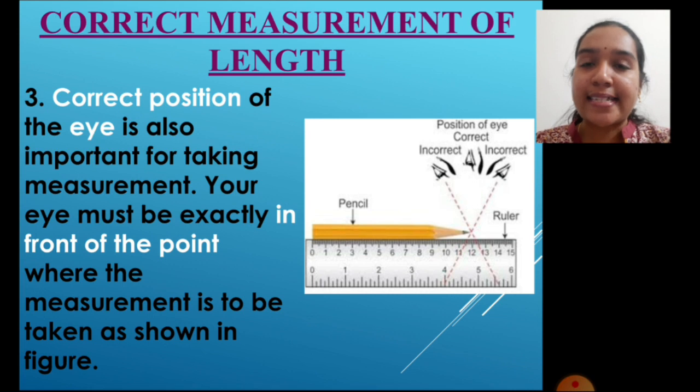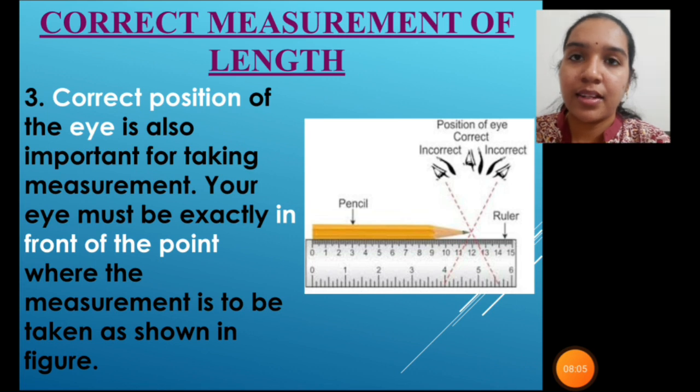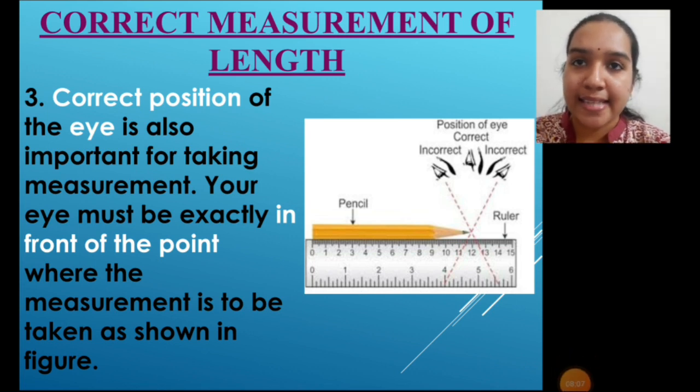Now let's learn the third important rule, that is the eye position should always be correct as shown in the figure. For taking the measurement, the eye should be exactly in front of the point of the measurement reading like shown in the figure.